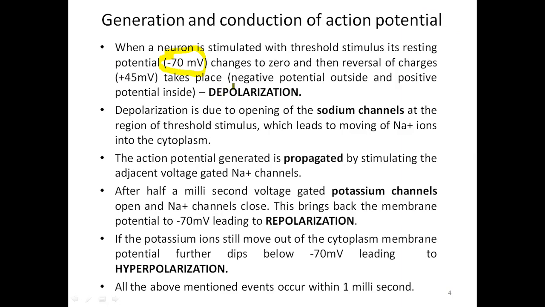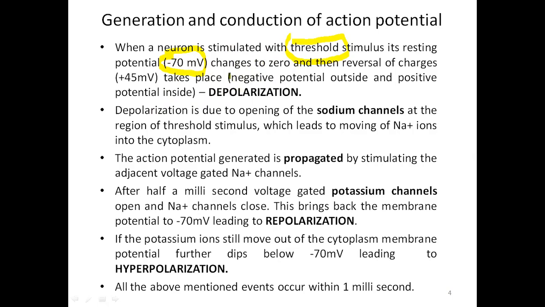Now, when there is a stimulus to the neuron, if it is a weaker stimulus, less than a threshold stimulus, it will generate a graded potential. At the same time, if a threshold stimulus is given to the electrically excitable neuron, then the resting potential will change because of the ionic flow.